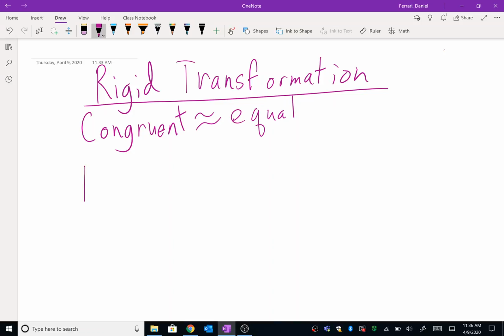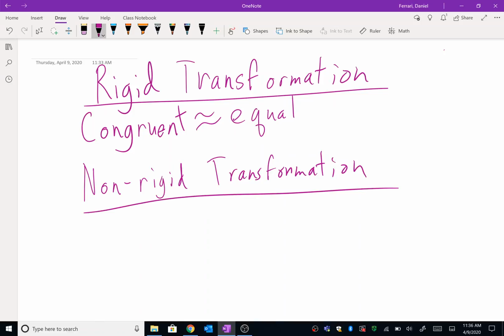A dilation is an example of a non-rigid transformation. What that means is that in a dilation, the shape will not be congruent. You will not do a dilation and keep a congruent shape.